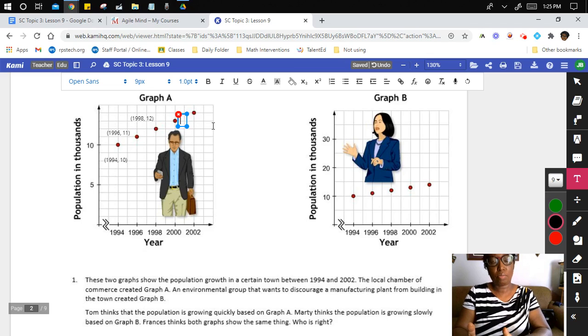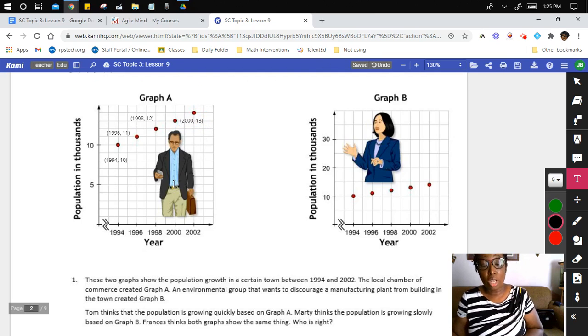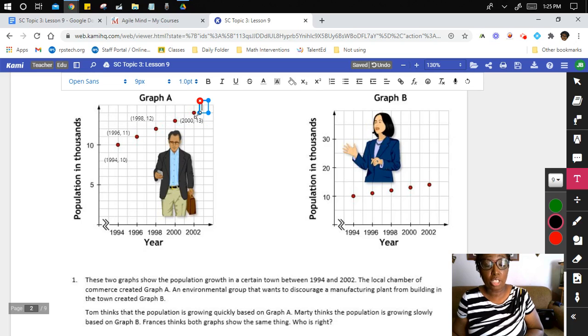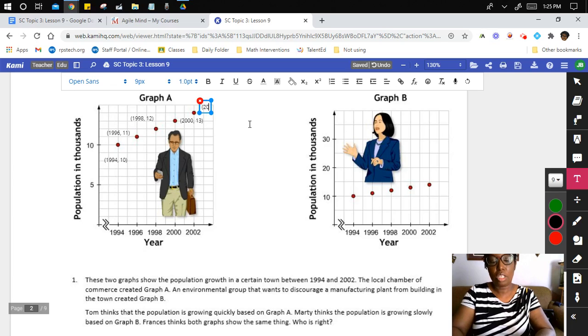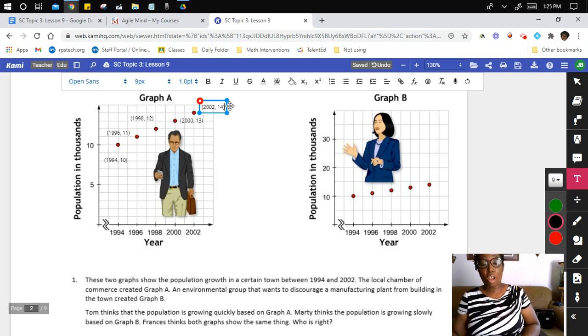What did I forget? Parentheses, that's right, parentheses. And that was 13,000. Now, the last one, in 2002, the population was 14,000. Okay, so those are our points for that graph right there.